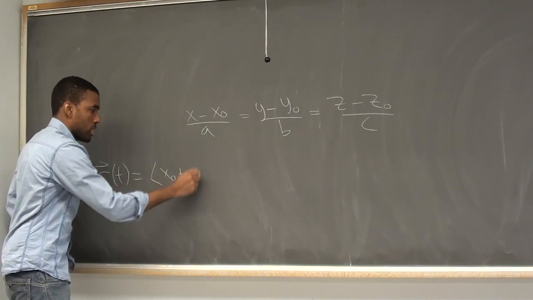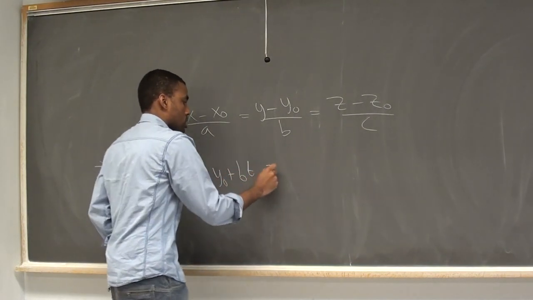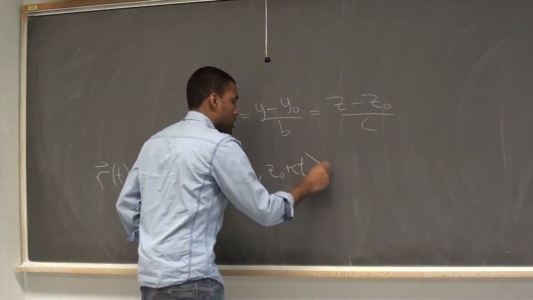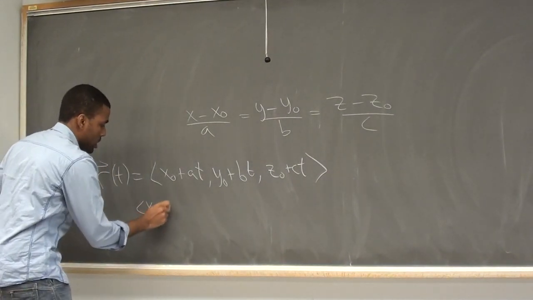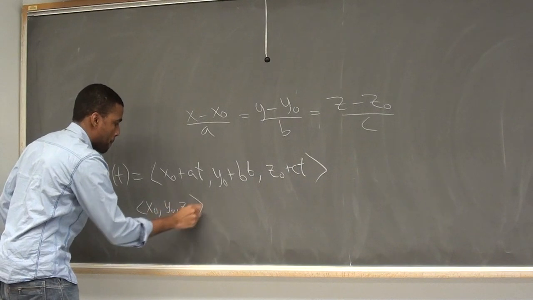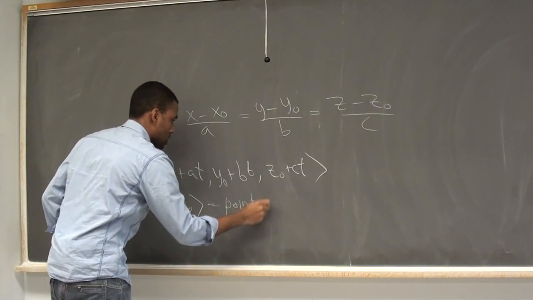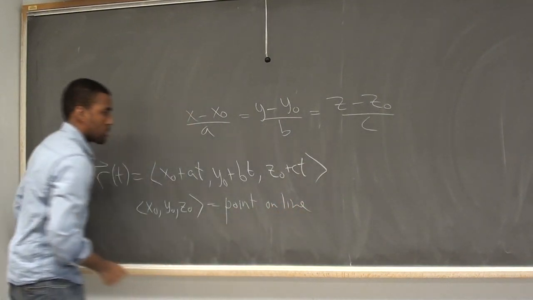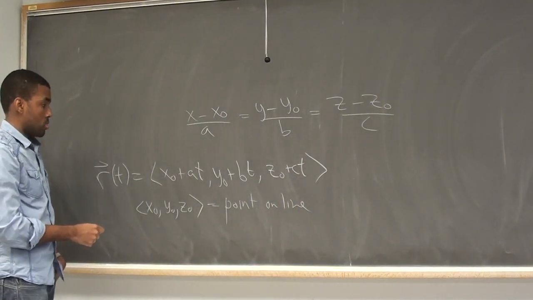x naught plus at, y naught plus bt, z naught plus ct, right? That is the equation of a line. What is the x naught, y naught, z naught? A point on the line.